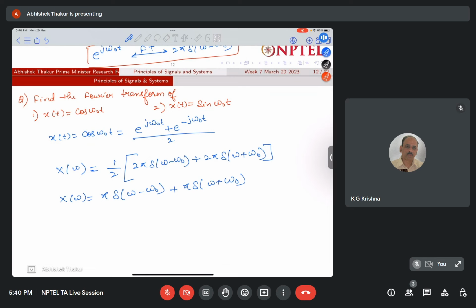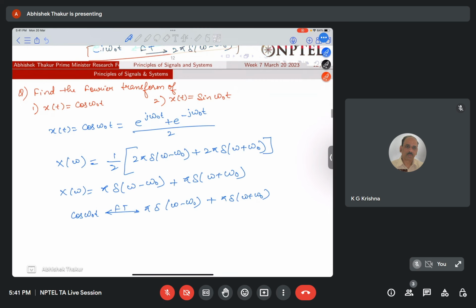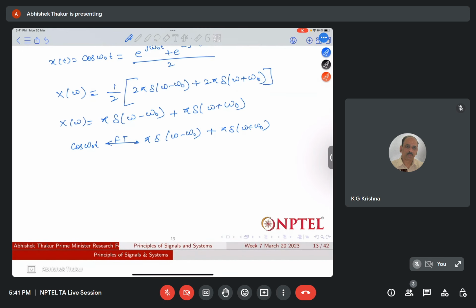So in the frequency domain, it will have two components, at omega is equal to omega naught and at omega is equal to minus omega naught. So here we can write the Fourier transform of cos omega naught t is pi of del omega minus omega naught plus pi of del omega plus omega naught.